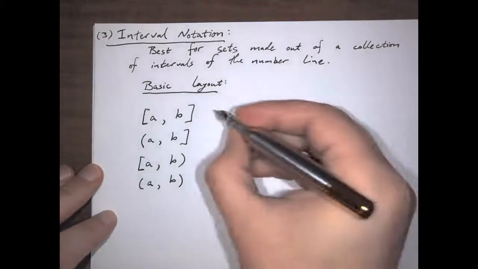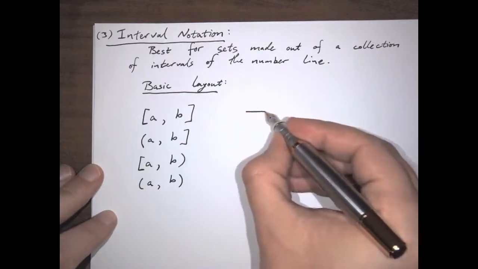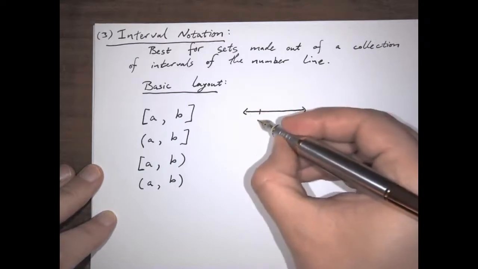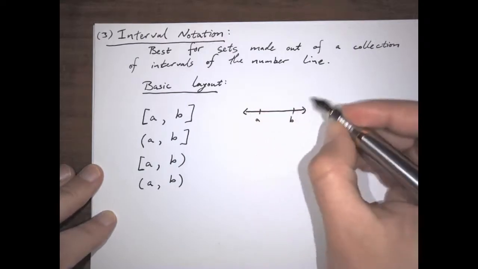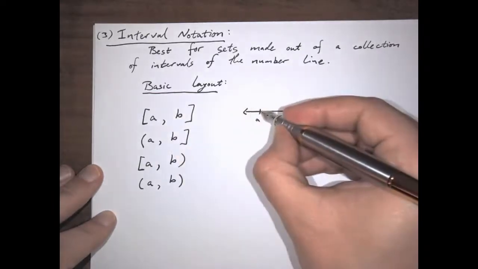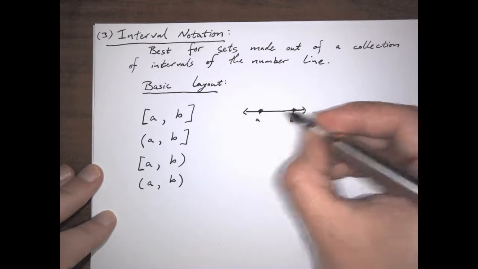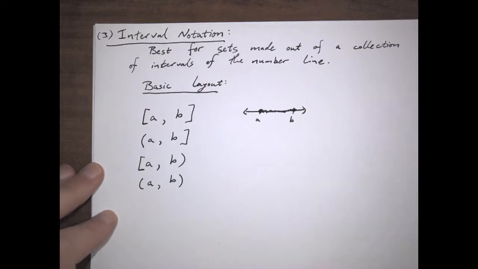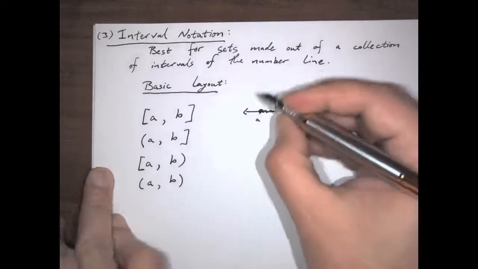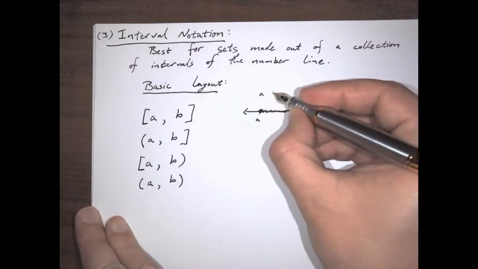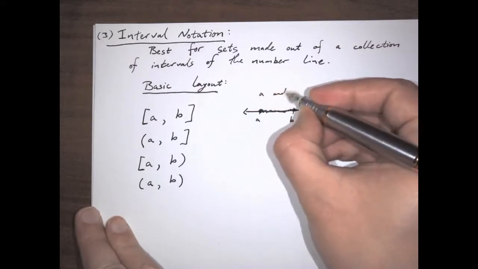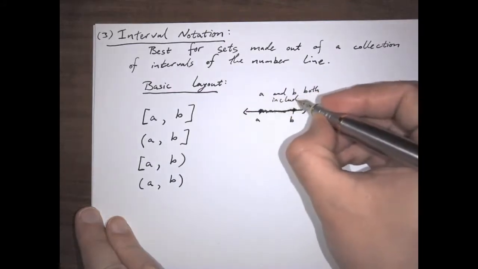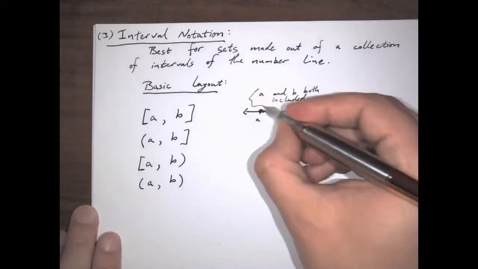So if we have a piece of the number line, and it goes from A to B, then what this would represent is A is included, B is included, and we'd be talking about everything from A to B. A and B are both included.